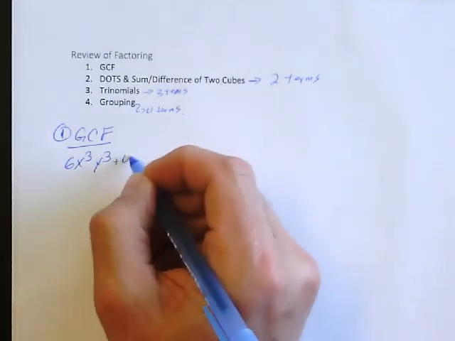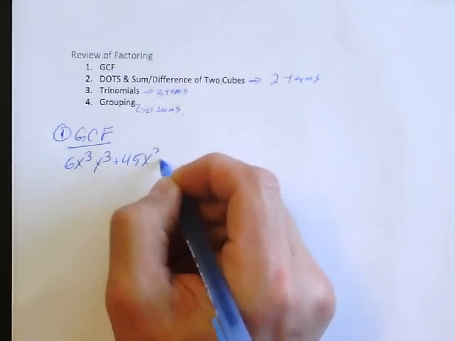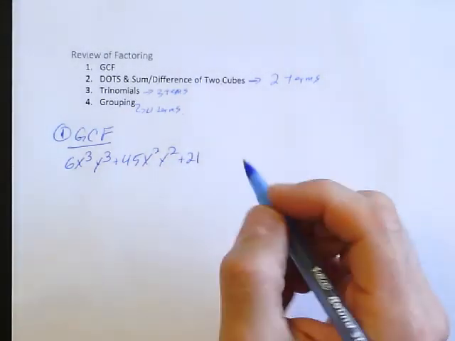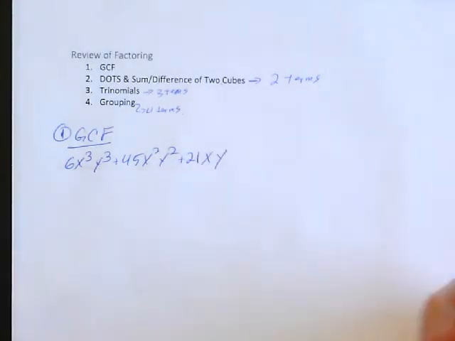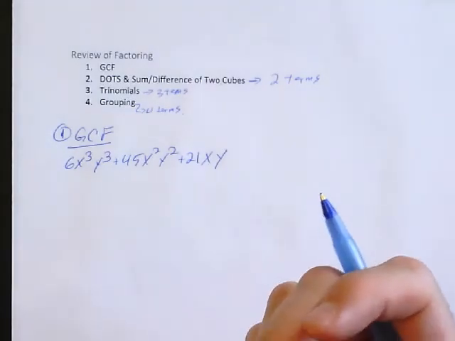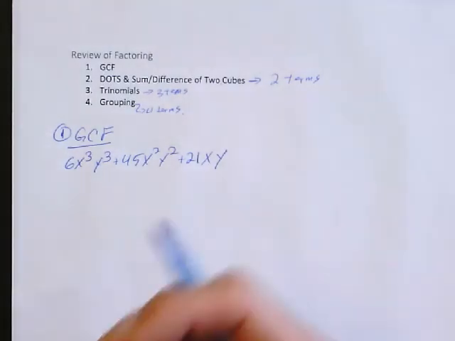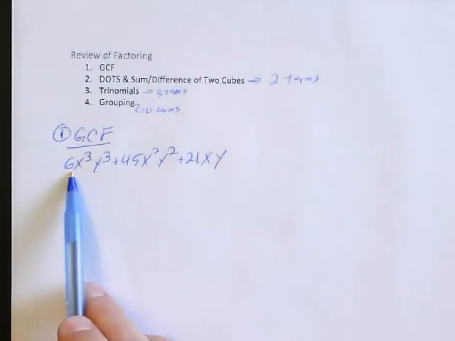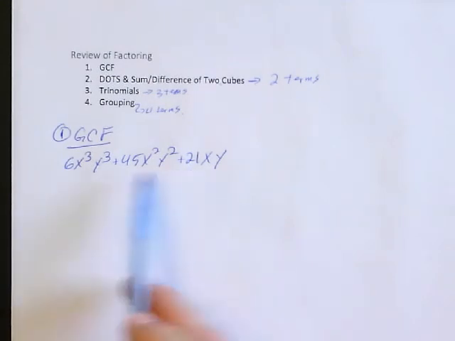So for a GCF, all right, we're looking at something like 6x cubed y cubed plus 45x squared y squared plus 21xy. You're going to look to see what all 3 of these have in common for their factors.